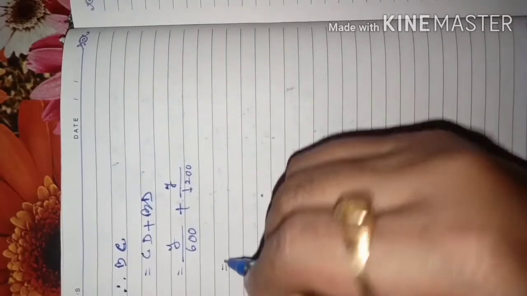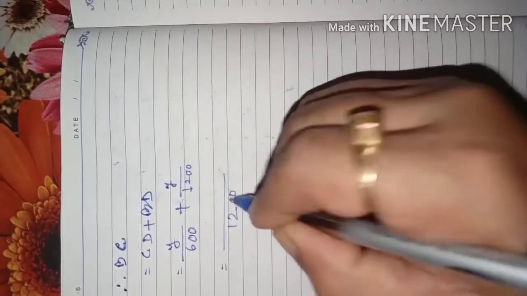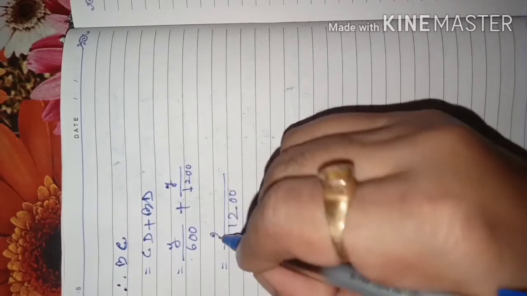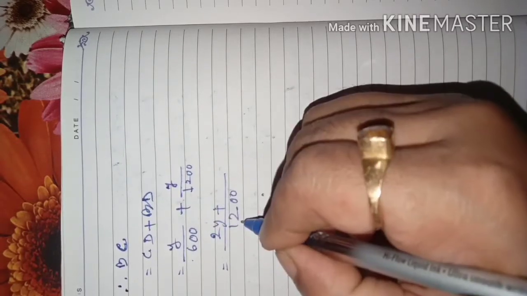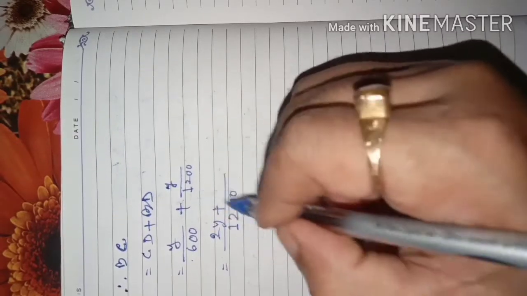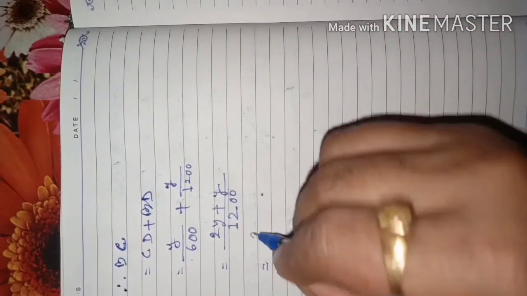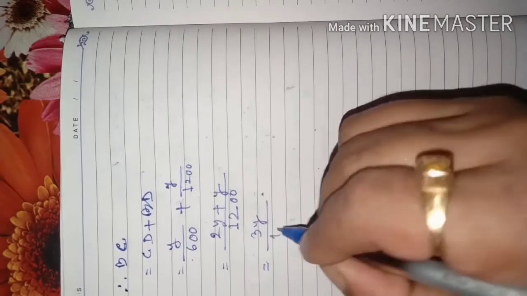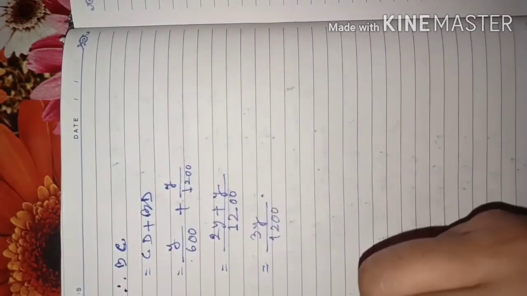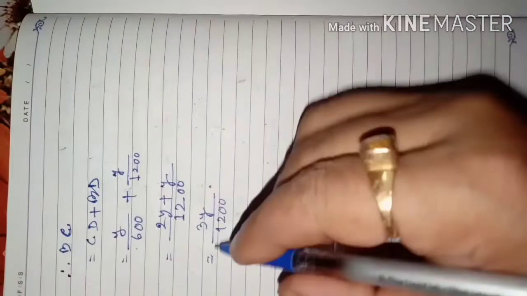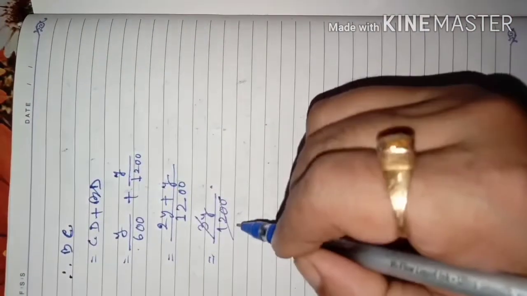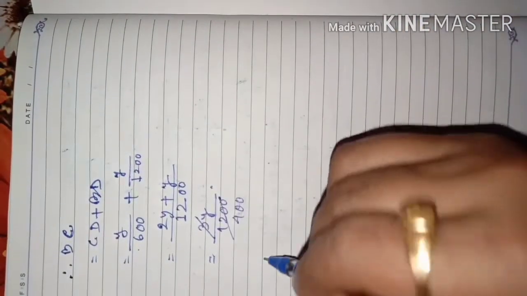So LCM is 1200. 2 into y is 2y, plus 1 into y is y. That is equal to 2y plus y, 3y divided by 1200. BC is equal to 3y by 1200. So you can cancel by 3, 400. So you can write it as y by 400.